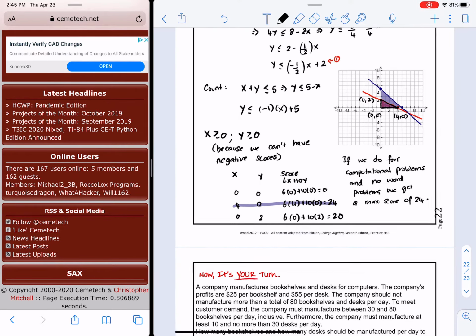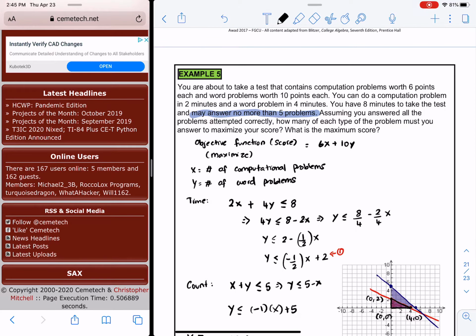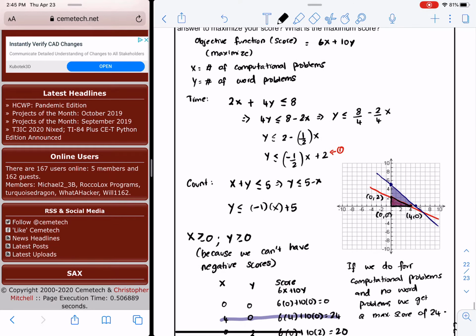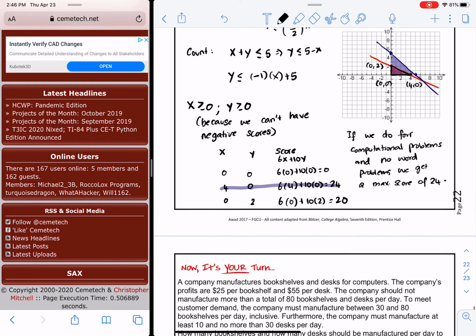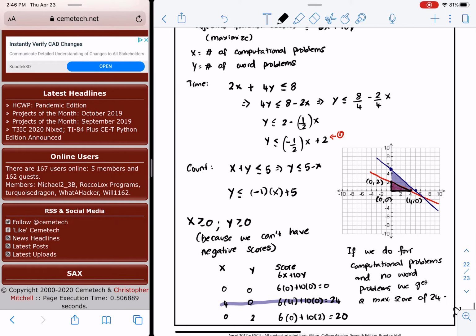Now, you can verify the answer by plugging in the values in the constraints. So we have x to be 4 and y to be 0. So does that satisfy the constraints that we have? Let's see.